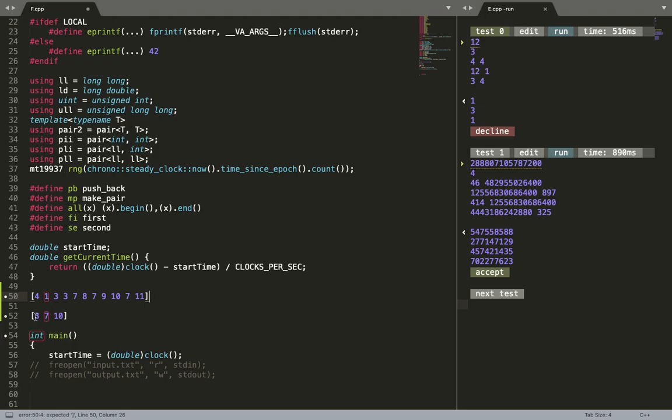So each of these numbers we should leave in the array.